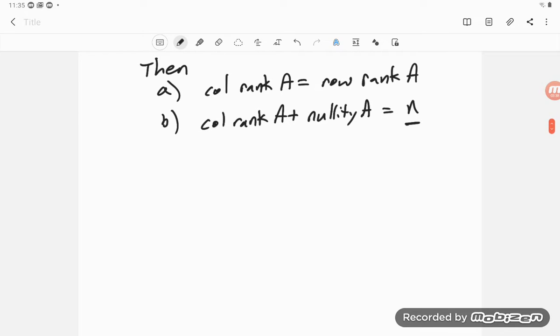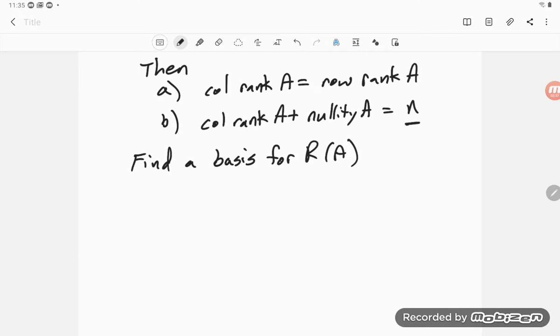And so then they go through and they mention, how do you find a basis for the row space of A?